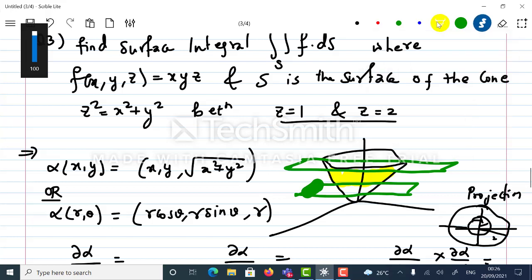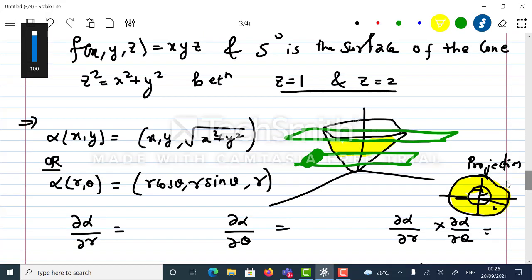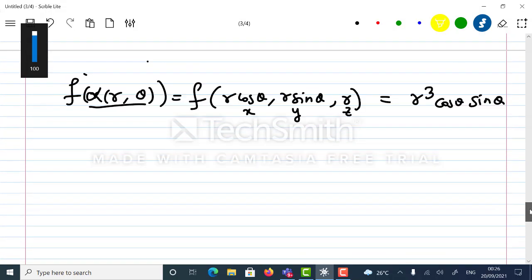This one should imagine; if you could not imagine, not to worry, you can definitely ask this question in the lecture and we will discuss it in more detail. Here theta will be 0 to 2 pi, but the radius will be 1 to 2 only. Because if I substitute z is equal to 1, I get x squared plus y squared equal to 1, and z is equal to 2, I get 4 equal to x squared plus y squared. So the radius is 1 to 2.